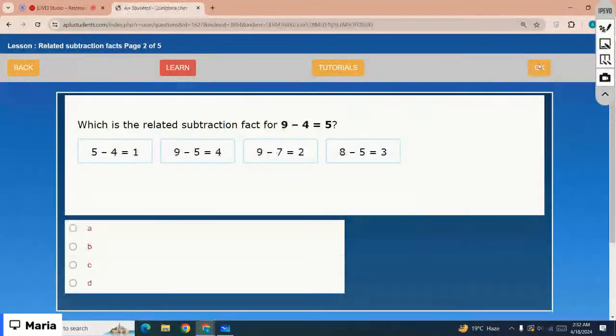Which is the related fact for 9 take away 4 equals 5, which is the correct option?